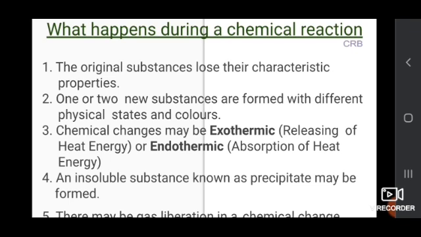When zinc reacts with hydrochloric acid, we are getting hydrogen gas. So in some chemical reactions, we are getting gas-like substances. So these are the main changes that occur during a chemical reaction.